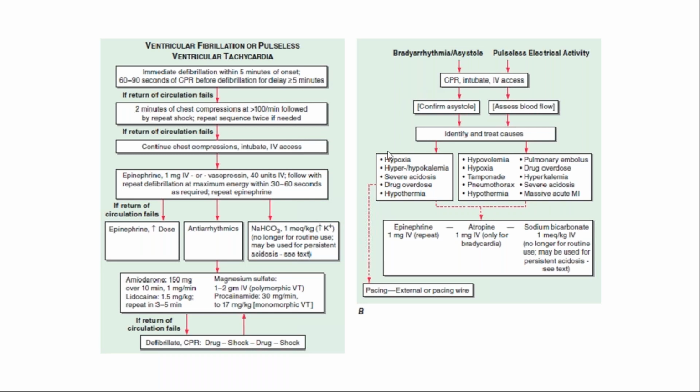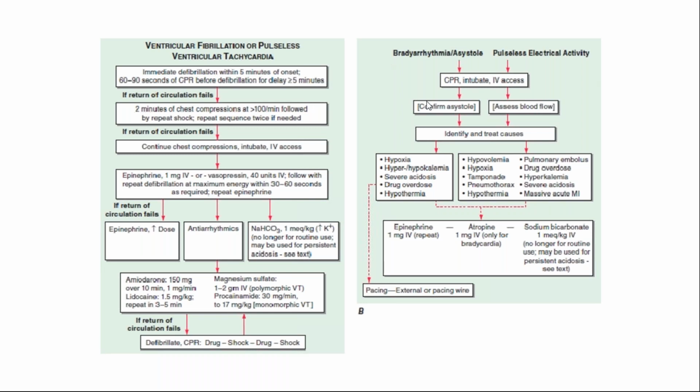In case of bradyarrhythmia or asystole with pulseless electrical activity, start CPR. Whenever you see a collapsed patient, first feel the carotids. If you feel there is bradycardia or asystole, immediately start CPR without wasting any time. Start CPR. If feasible, intubate the patient and access IV lines.